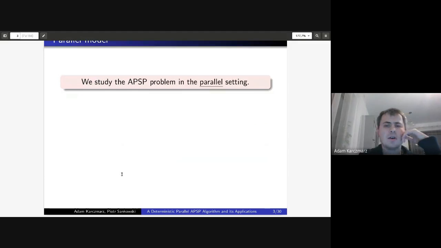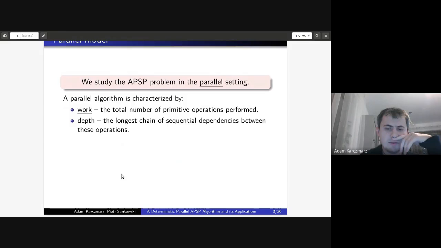In this talk, we study the APSP problem in the parallel setting. We will use a simplified parallel computation model in which a parallel algorithm is characterized by two quantities. First, the work of a parallel algorithm is the total number of primitive operations performed.